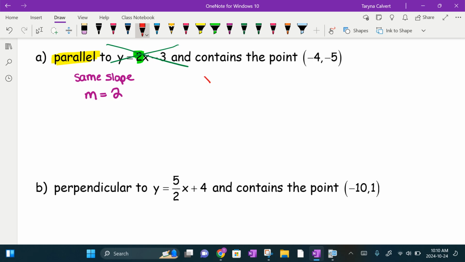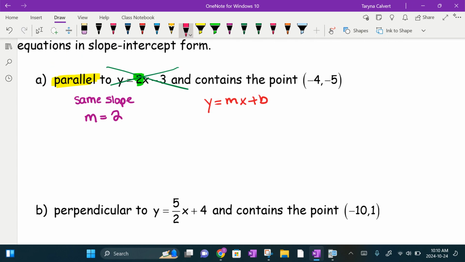Right, so if I use the y equals mx plus b formula, so I'm going to write my formula down, then you're using it to solve for b. So then you would grab your negative 4, negative 5, put that in for x and y, and then the 2 is going in for m. So then the 2 goes in for m.